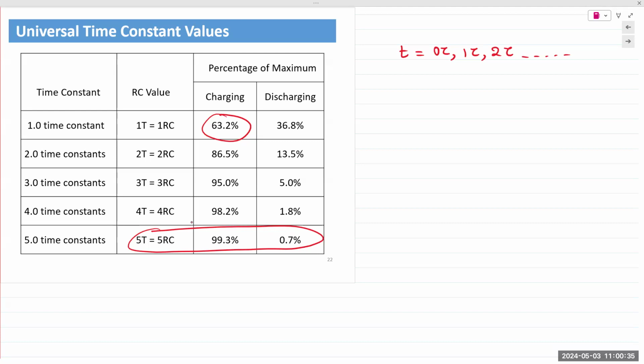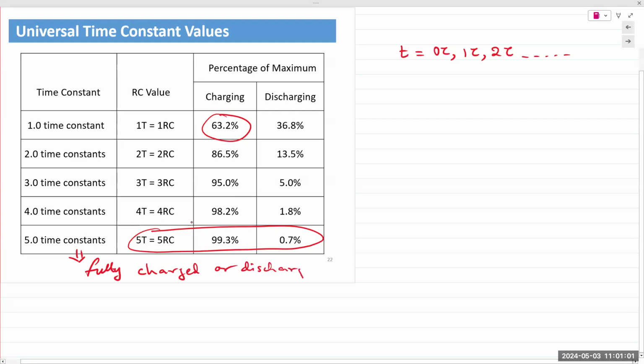If it's charging, it's more than 99%. If it's discharging, it's less than 1%. So after 5 time constants, by standard accepted convention, we say it is either fully charged or fully discharged.